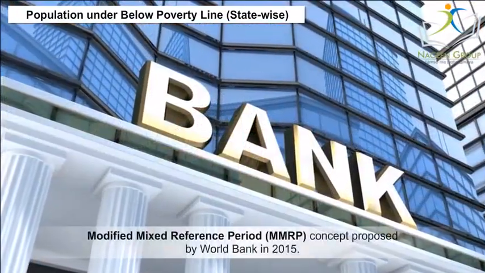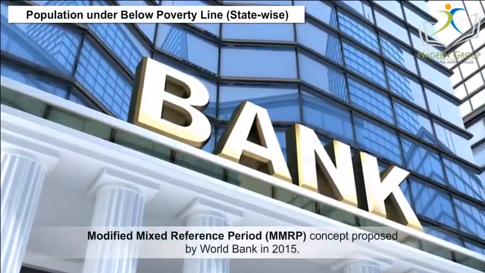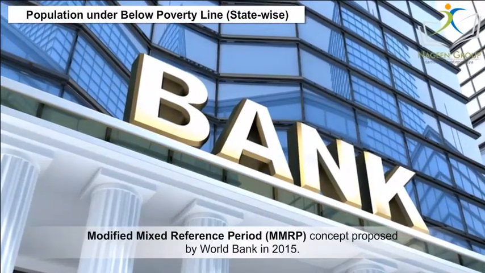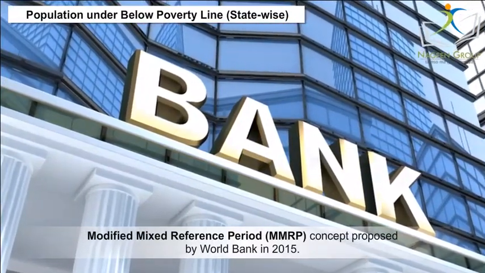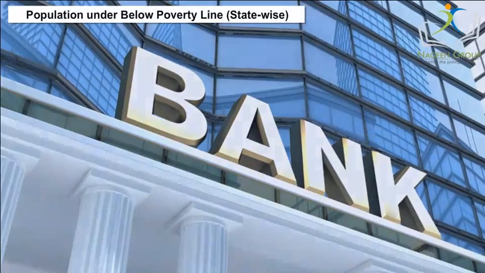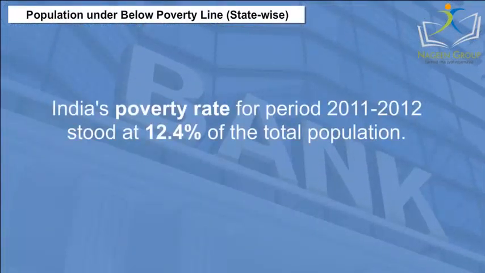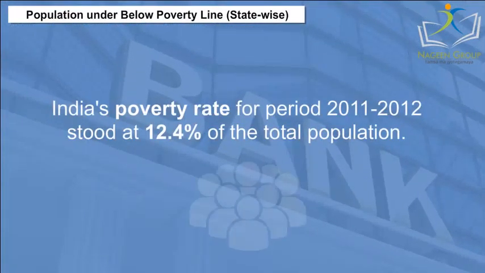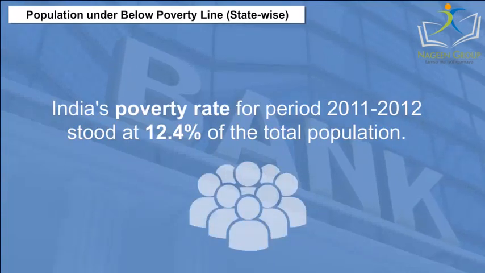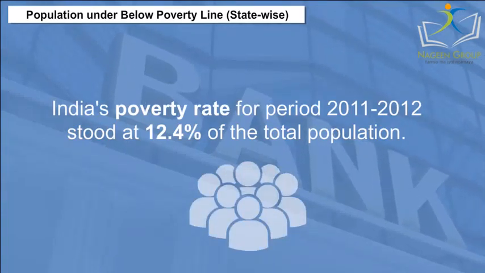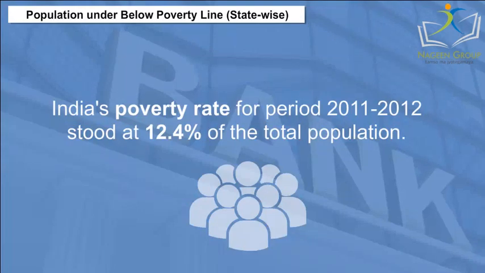According to the Modified Mixed Reference Period or MMRP concept proposed by the World Bank in 2015, India's poverty rate for the period of 2011-2012 stood at 12.4% of the total population.